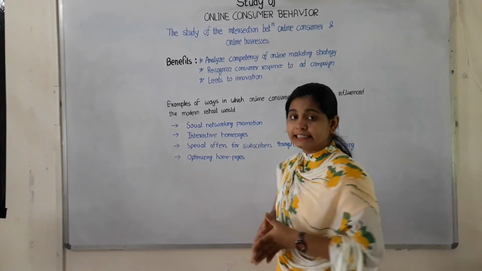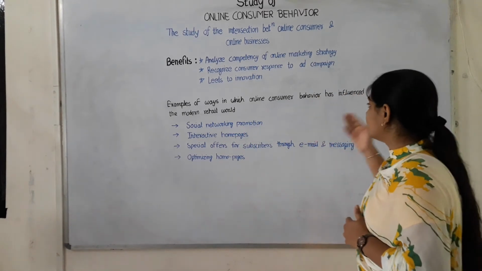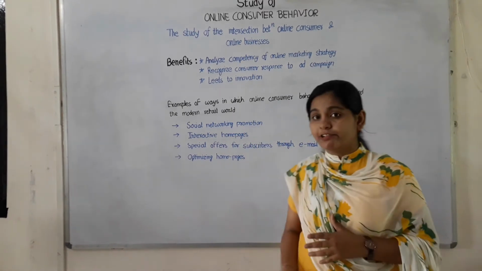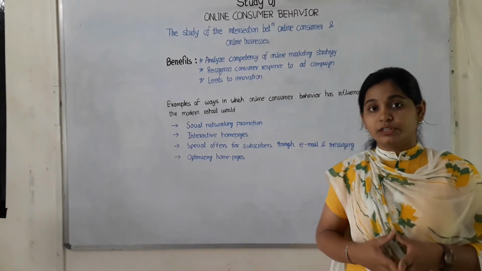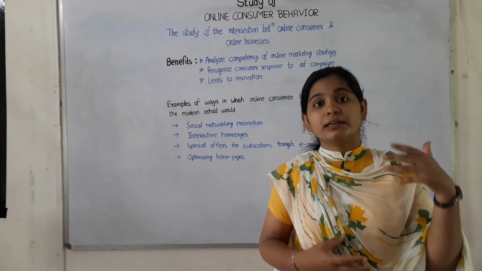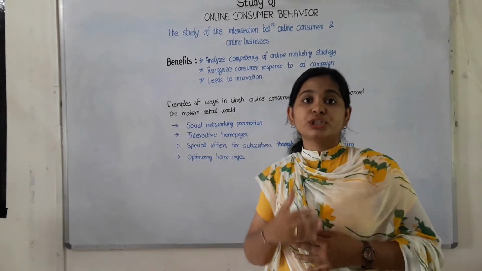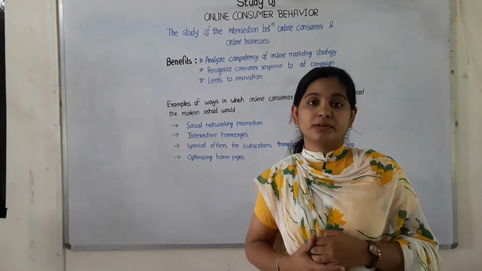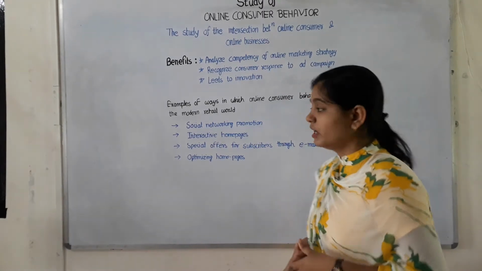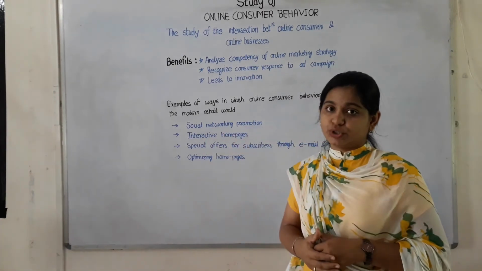Now let's see various examples of ways in which online consumer behavior has influenced the modern retail world. Here we are going to see examples in which the application of this study of online consumer behavior has been implemented. The first one is effective social networking promotion.